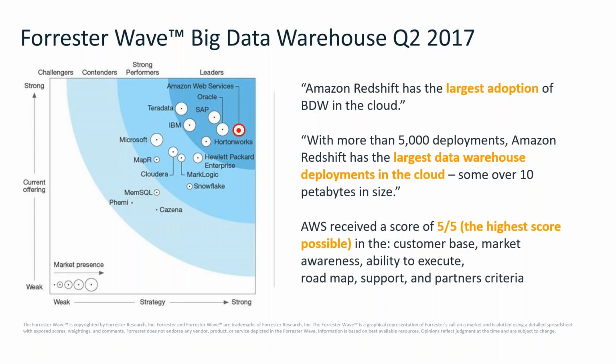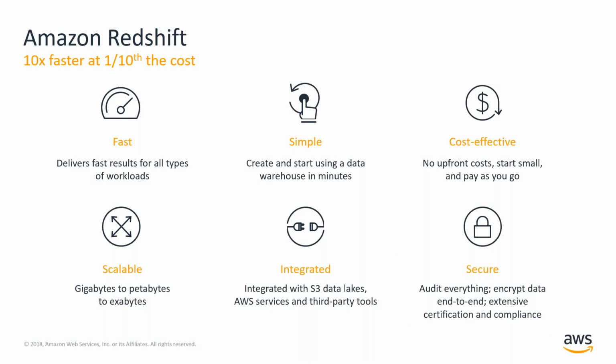To the extent that third-party validations make sense, there are full reports available on the Amazon Redshift webpage for you to download and evaluate as well. So customer adoption and validation by third parties all speak to the value that customers are getting by looking at Redshift as their data warehouse.